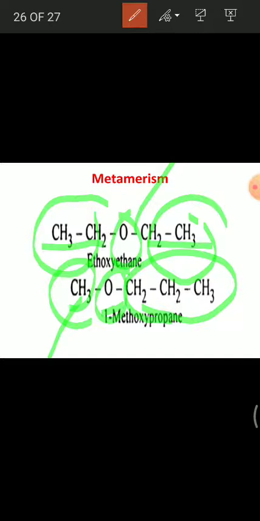Next, coming to functional group isomerism, this isomerism arises due to the difference in the functional group present in the molecule. For example, propanoic acid and methyl acetate are examples of functional group isomerism.